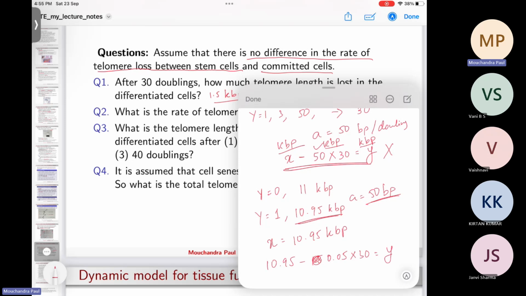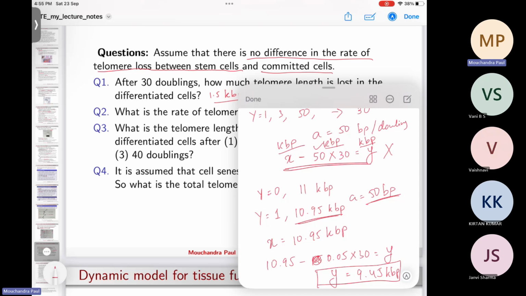If we subtract this, y comes out to be 9.45 kilo base pair. So x is the telomere length of the stem cells in year 1, and for the differentiated cells that come after 30 doublings, this will be the length for them.